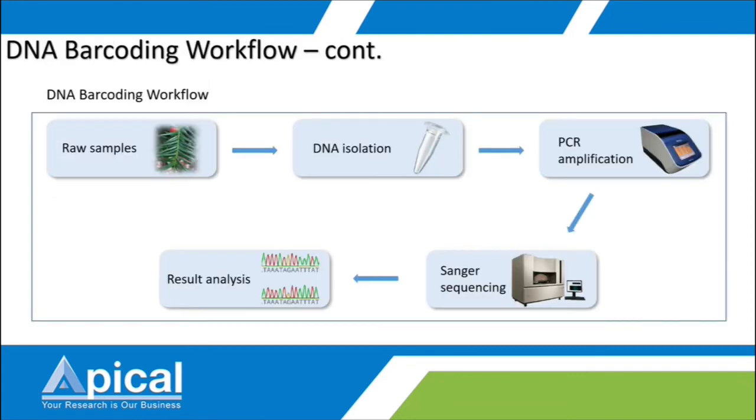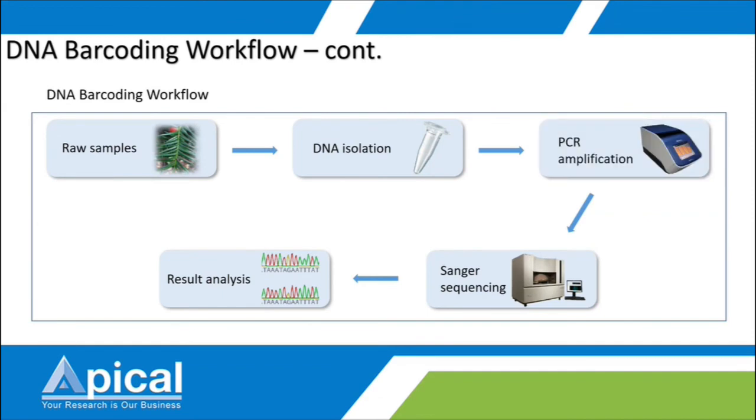So after DNA extraction, you will have your gDNA as a template for your PCR. For DNA barcoding, you need to perform the PCR with the specific universal barcoding primers.